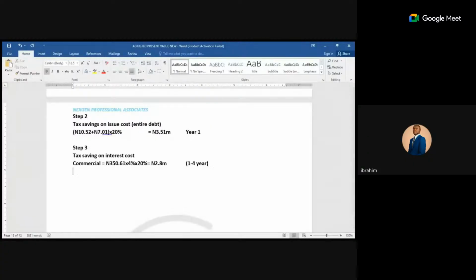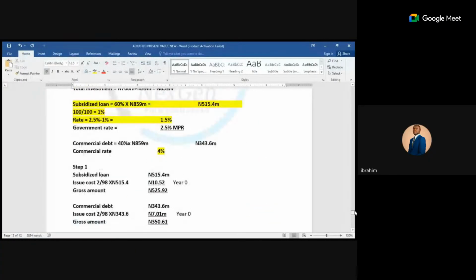So, subsidized rates. Usually, we don't normally have the gross amount, but because of the nature of the question, that it is entirely financed by debt, that is why we have issue cost on subsidized.